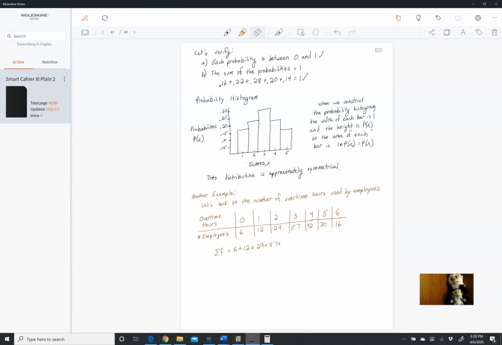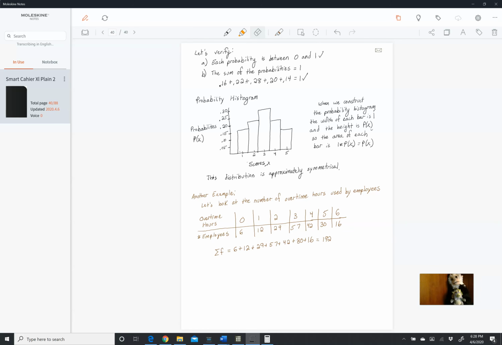And if you haven't already, you should consider pausing the video here, constructing the probability distribution, verifying it, even go ahead and create a probability histogram on your own, and then come back and start the video again. So if we add all of these together, we find out that we've surveyed 192 employees.